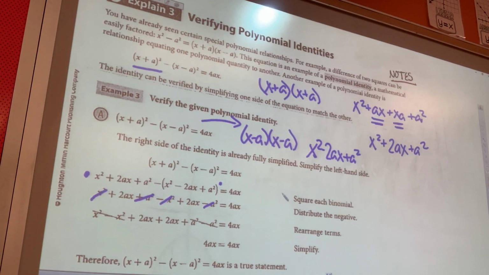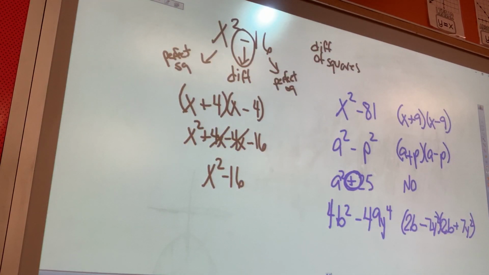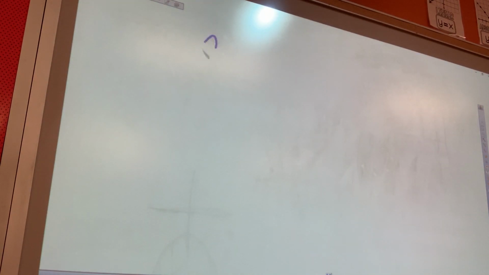That's what it means when it says that you are going to equate one polynomial quantity to another, and you set those equal and condense until you can find out, are they the same? So my question to you is, are those the same thing?